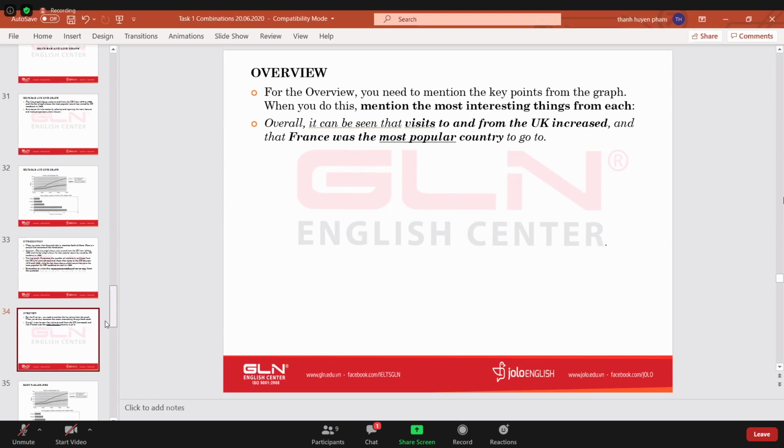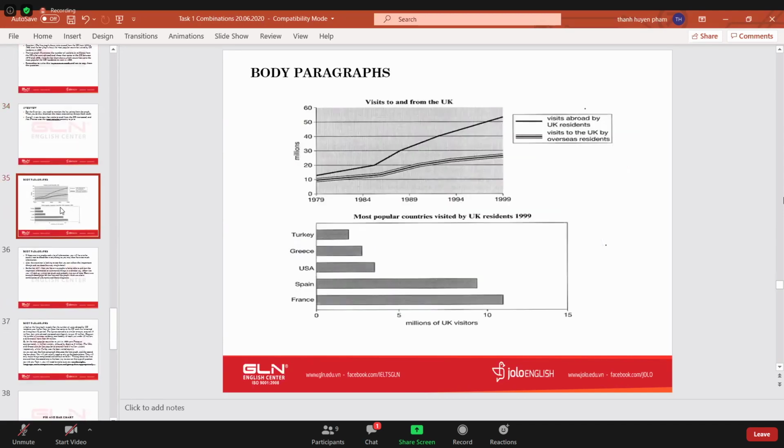And if we move down, so back to the diagram. And as I mentioned before, for the overview, the number of visitors to and from does increase over the period. Remember, when in the overview, we're not interested in how it's increased. All we want to state is that it has increased.